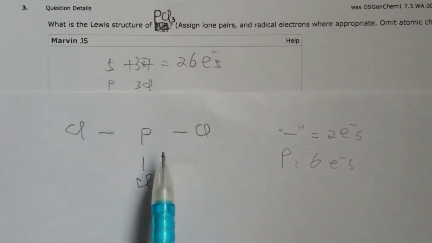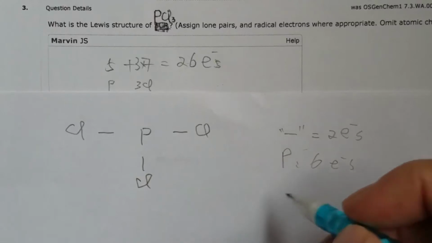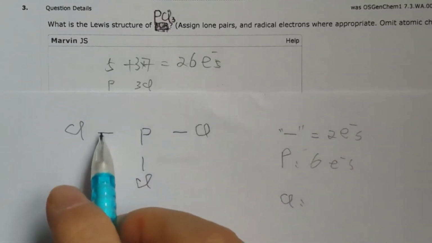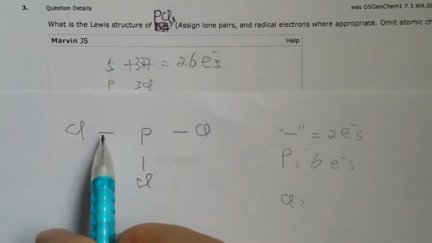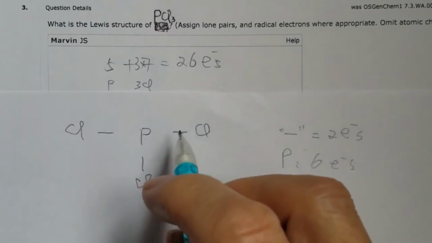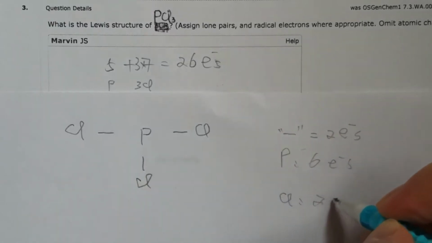Okay, and then for each chlorine, just 1 chlorine, how many electrons? Only 2. For this one, 1 bond, 2 electrons. And for the other 2, the same way.